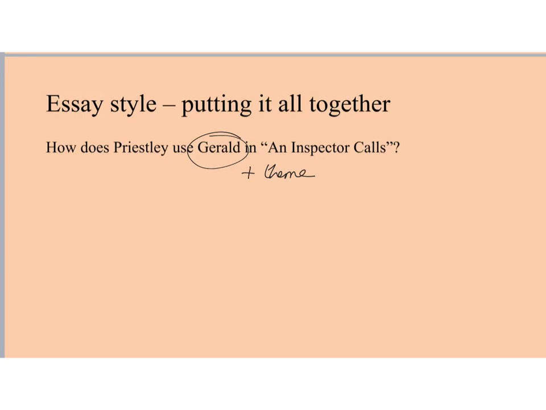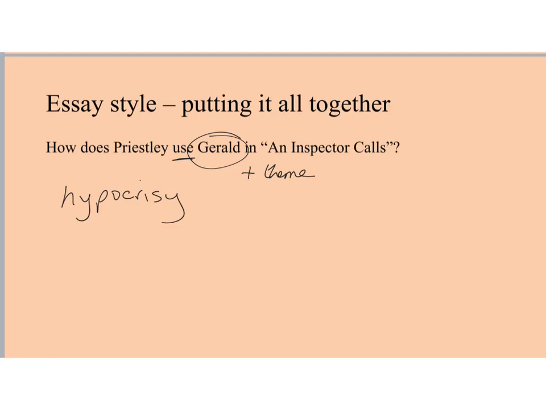But if for your revision or your consolidation of your notes, you do this with a question, you get yourself well prepared, because you can think, how does Priestley use Gerald in An Inspector Calls? Well, he's using Gerald to make points about different ideas. He's using Gerald to make points about the hypocrisy of the upper class.